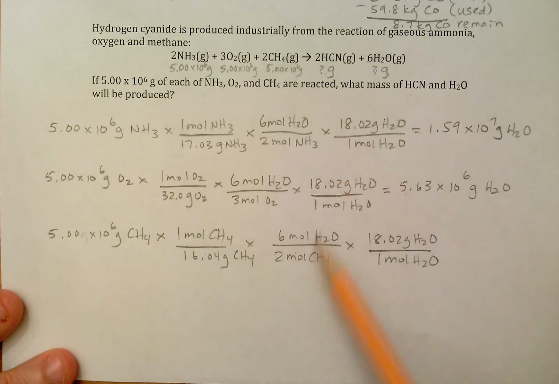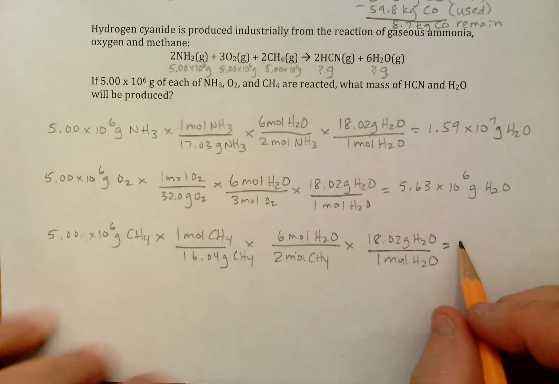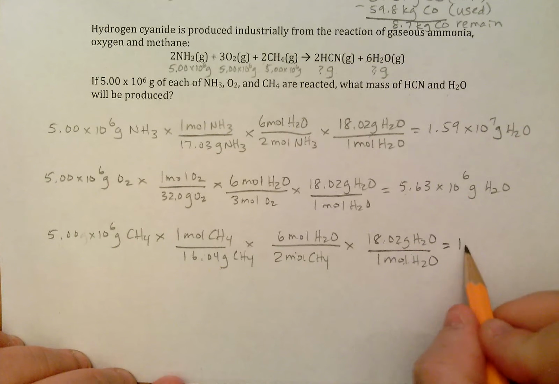And then 1 mole of H2O equals 18.0 grams of H2O. So each one of these factors is equal to 1, so we're not really changing anything here. I just wanted to point that out because that's a mistake I see a lot on tests. So, all right, I have 1.68 times 10 to the 7th grams of H2O.